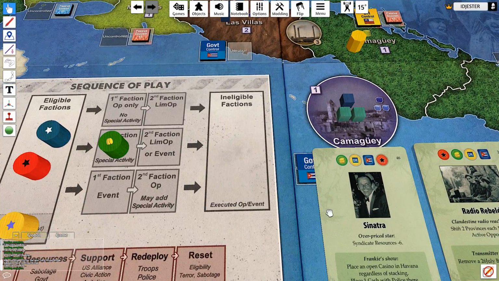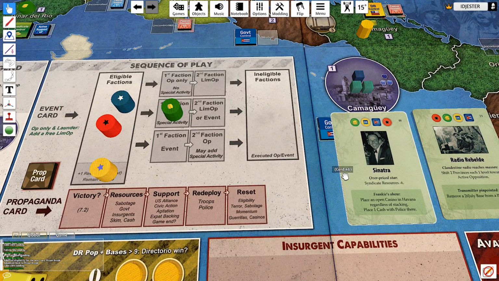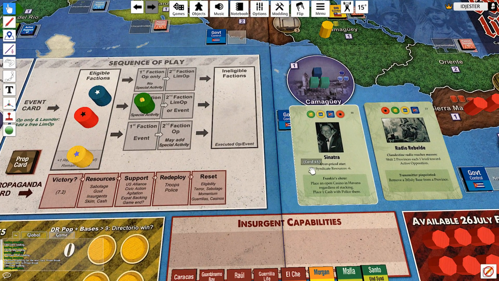Not super great, it's nothing to write home about. But as blue player, I'm thinking, I can take a limited operation, I can do the event, or I can pass. And if I pass, I'm last on the next card, which means I'm getting screwed on this card.